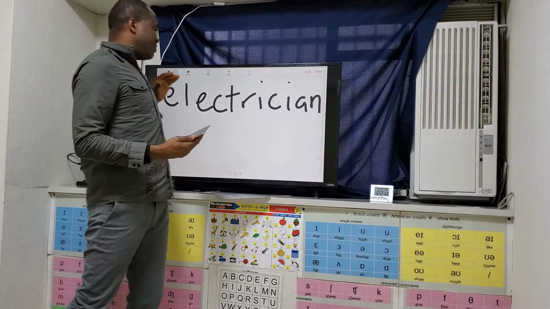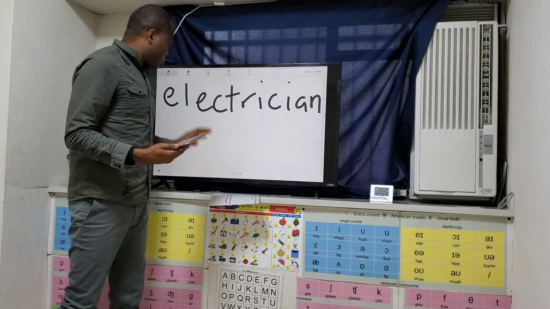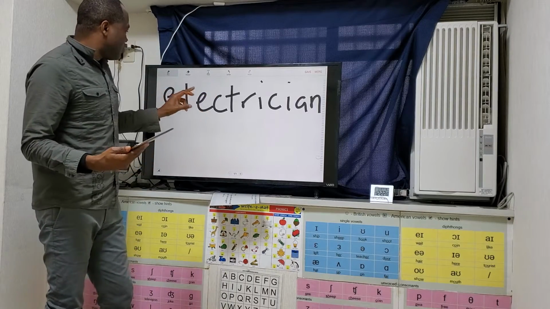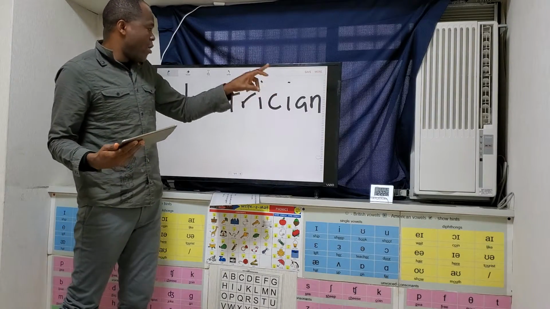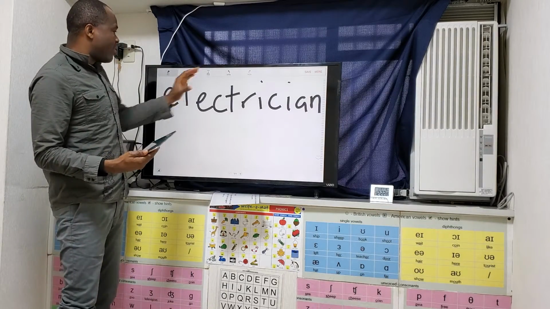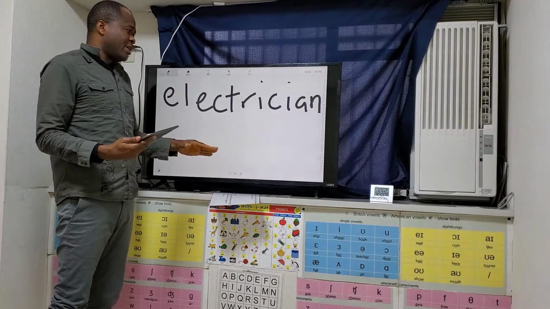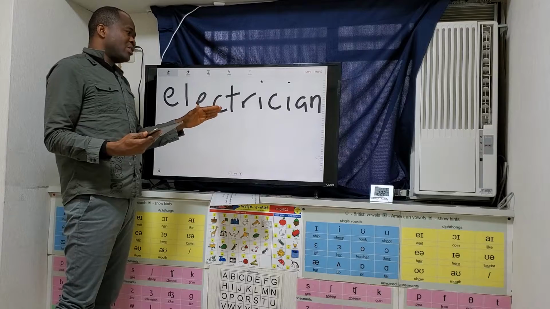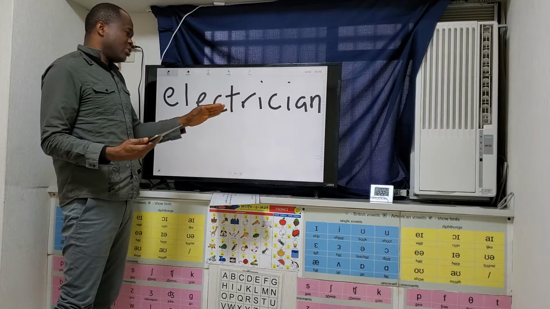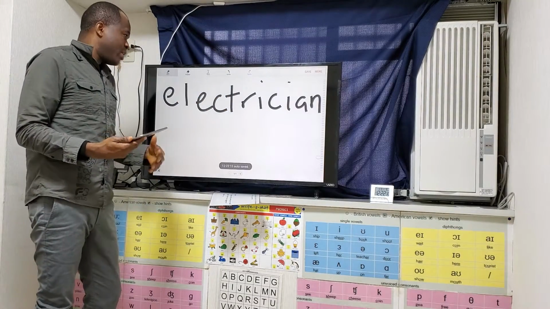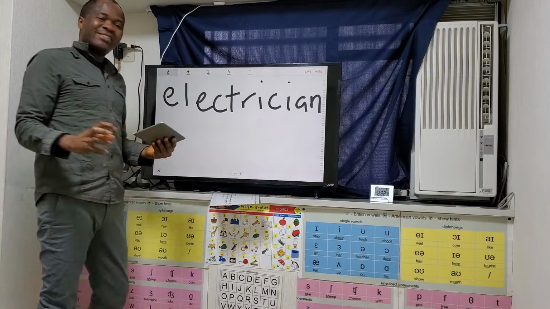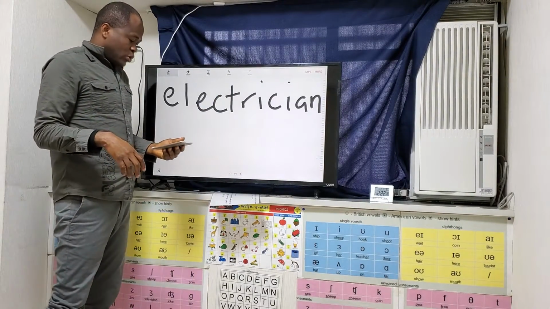All these symbols or letters that you see are graphemes. So we are going to change the graphemes into phonemes. That means we are going to change symbols in a word into sounds in the same word. So let's look at this.